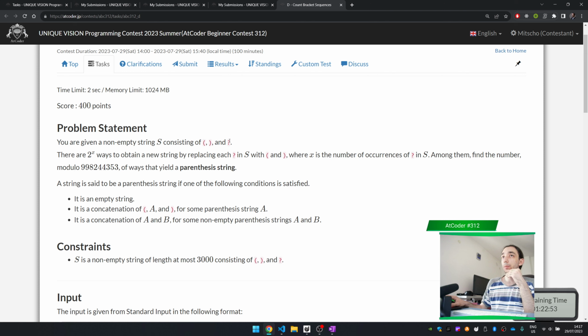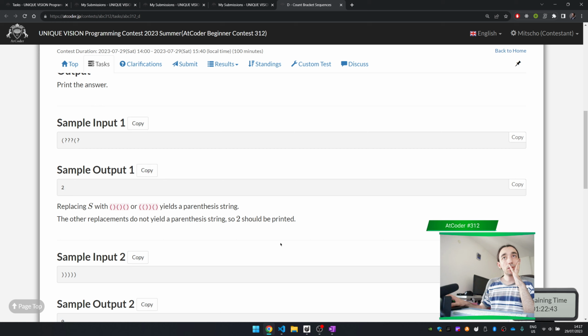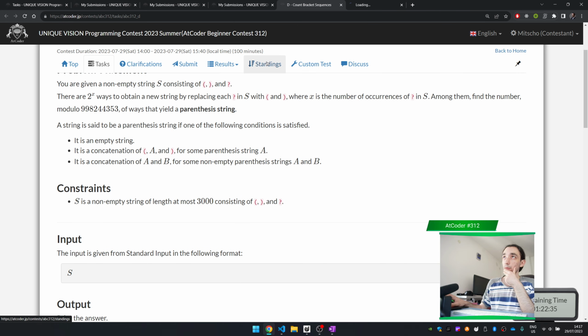Okay, so replace the question marks. There are 2 to the x ways, where x is the number of occurrences here. Okay, so this is a little bit difficult problem.